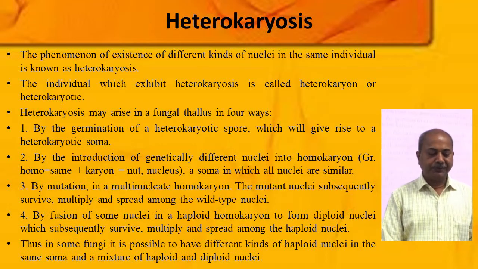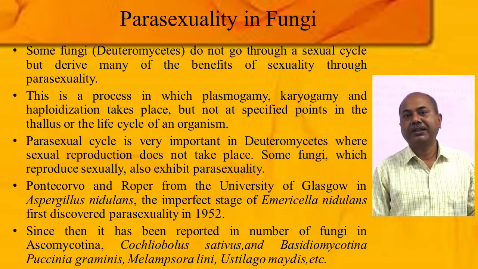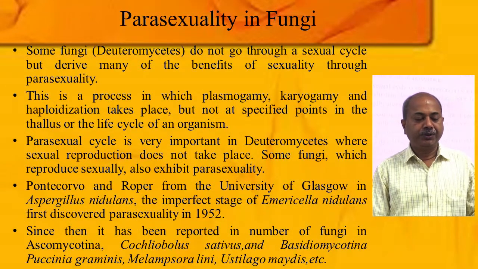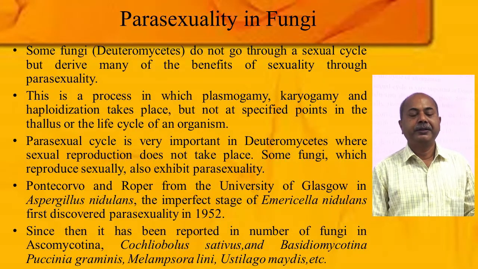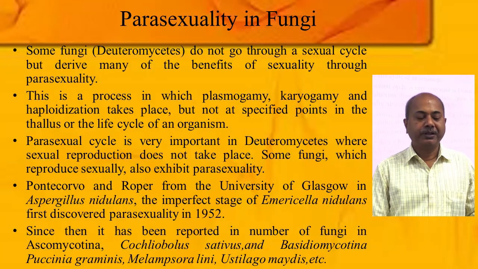So this is basically heterokaryosis. Parasexuality. You all know that parasexuality was discovered at the University of Glasgow in Aspergillus nidulans by Pontecorvo and Roper in the year 1952. What happens?